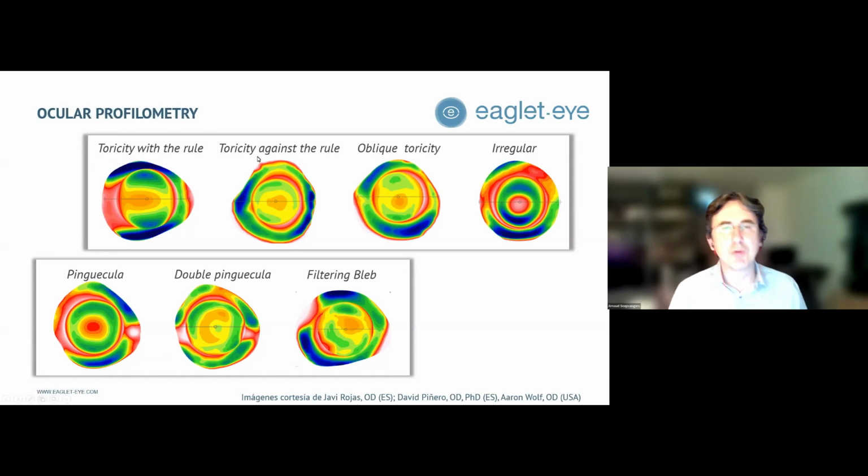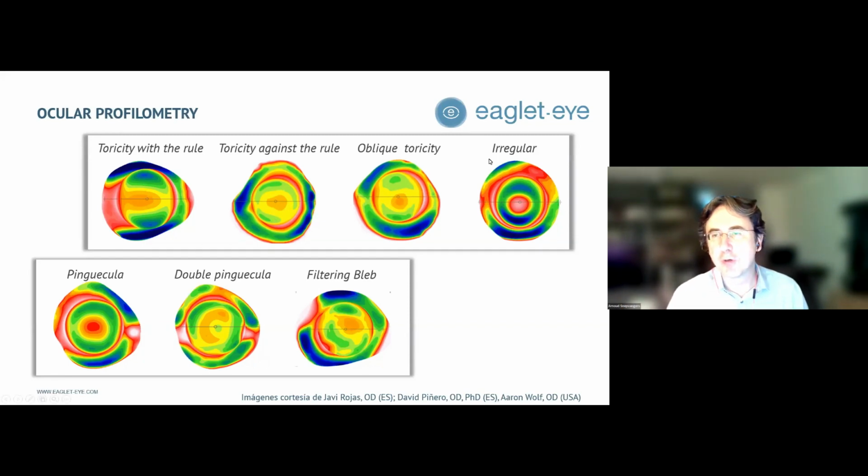But with the example to the right, you see that the cornea actually appears quite spheric, whereas the sclera is toric, but what we call against the rule, with the deepest meridian on the horizontal meridian. And right next to that, you see there is an oblique, so a diagonal deepest meridian, and about 90 degrees there is the highest meridian.